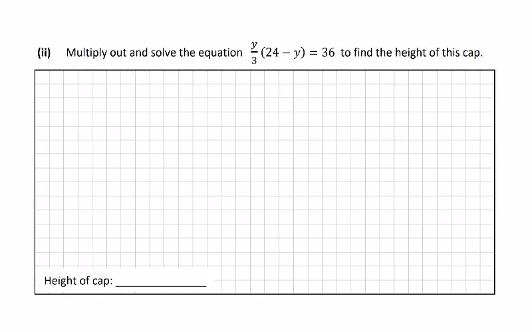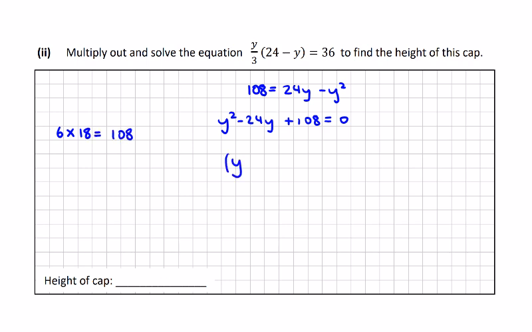Then we're asked to multiply this expression out. So 3 36s is 108. That's equal to 24y minus y squared. So y squared minus 24y plus 108 is equal to 0. The factors of 108 that add to 24 are 6 and 18. 6 and 18 is 24, 6 times 18 is 108.